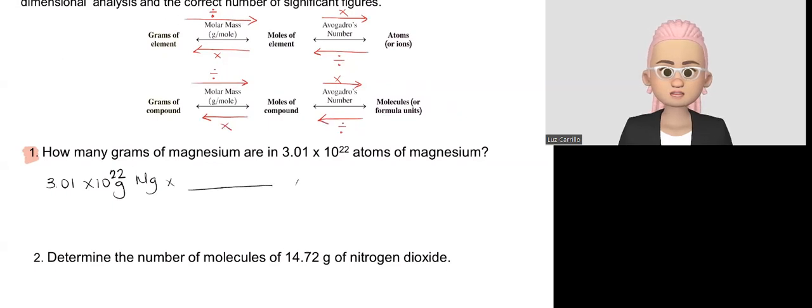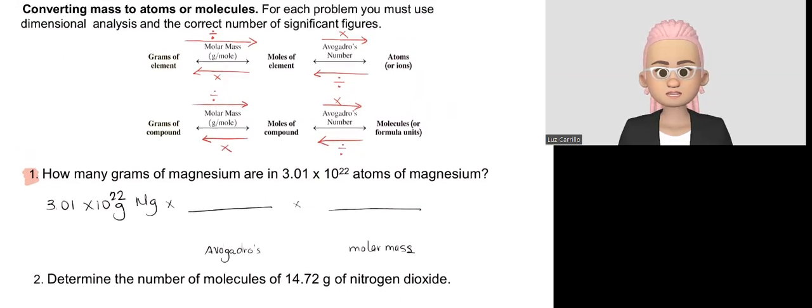I know that I have two conversion factors. Since I'm going from atoms all the way to grams, my first conversion factor is going to be Avogadro's number. So I'm just going to write a note here that here we have Avogadro's number as my conversion. And then in the next one, we are going to use molar mass as the conversion factor. Now, we are first going to divide by Avogadro's number, so that means that we're going to put it in the bottom.